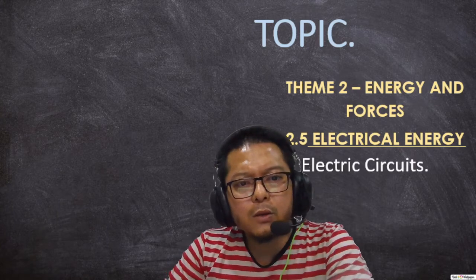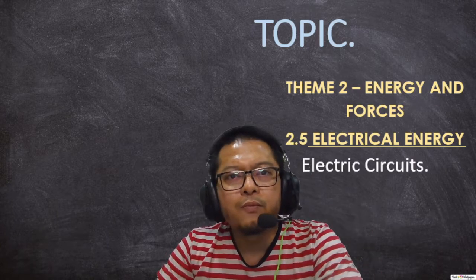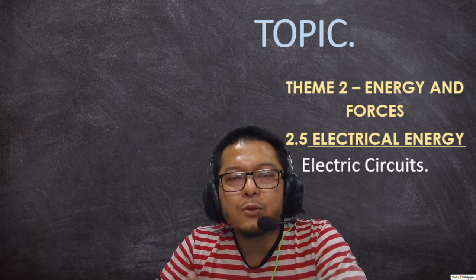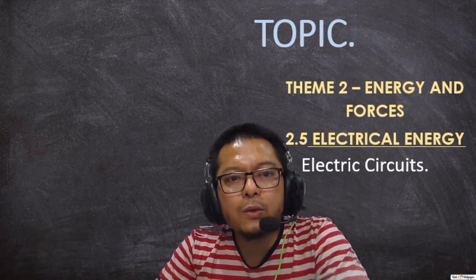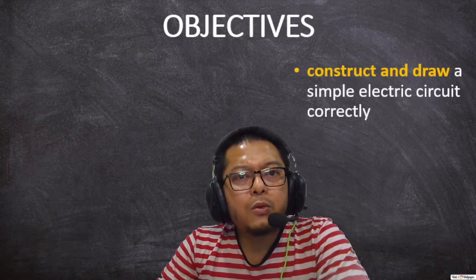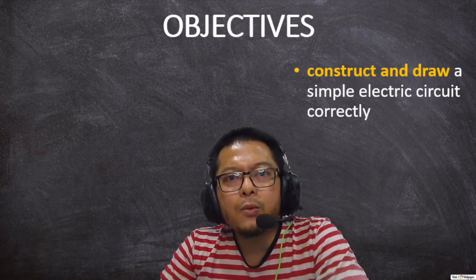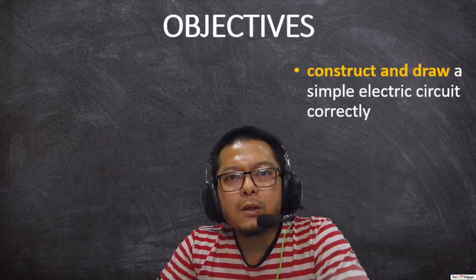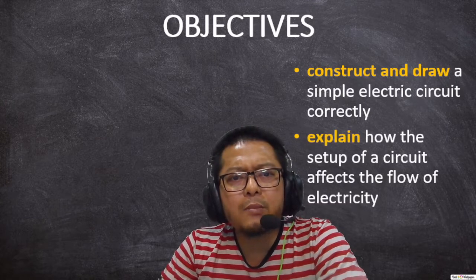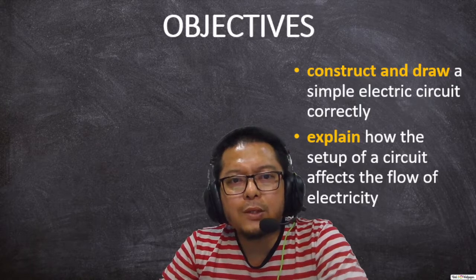Now last week we talked about sources of electric and how we can save electricity at home and at school. Okay, our objective this week would be to construct and draw a simple electric circuit correctly, and to explain how the setup of a circuit affects the flow of electricity.